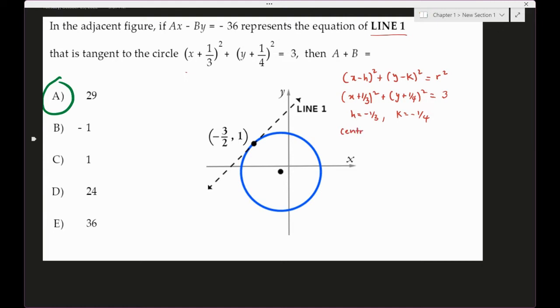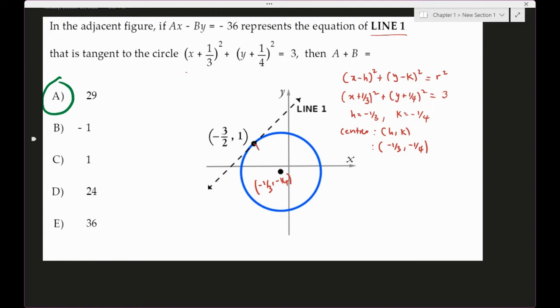So the center of the circle, given by (h, k), is minus 1 over 3 and minus 1 over 4. Okay, so that's the first step.